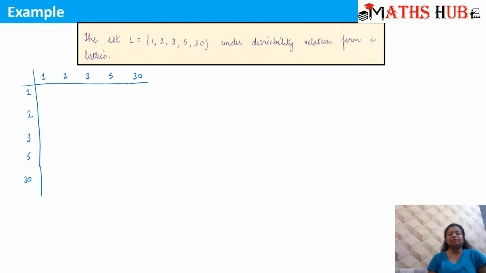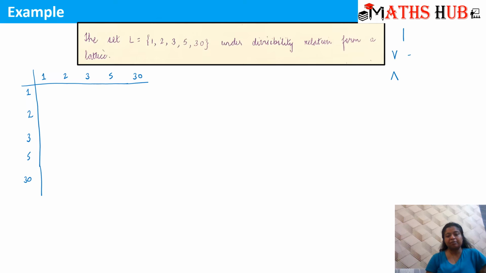Now, if you recall my last video, I told you that whenever the relation is divisibility, then what is the meaning of join and what is the meaning of meet? Join means that you have to calculate the least upper bound.